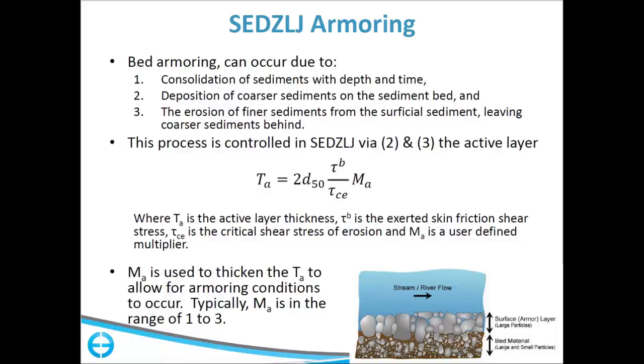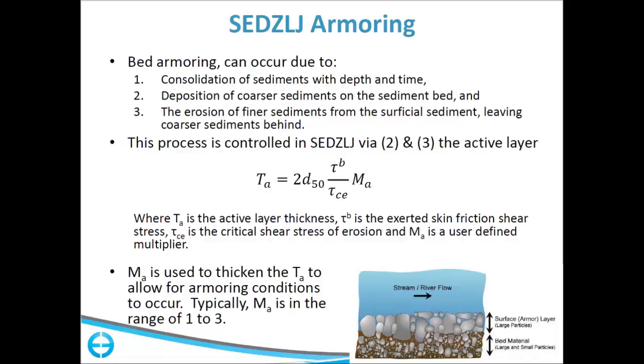Essentially what we're looking at though is these two options here. You have deposition of coarser material. So it either rolls along and deposits onto your active layer from upstream, and it armors that layer with coarser material. Or you have eroded out the finer materials from the finer classes that are within that layer, leaving only the coarser material.